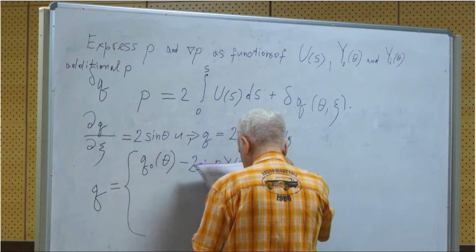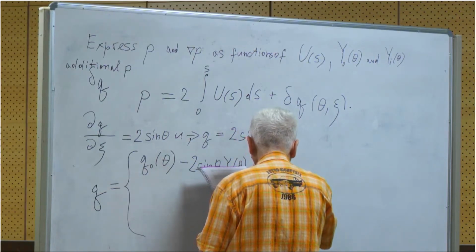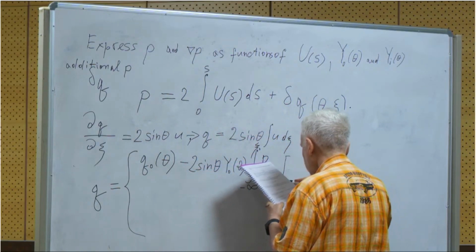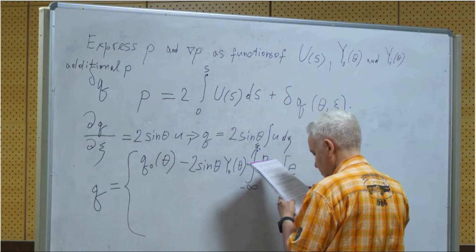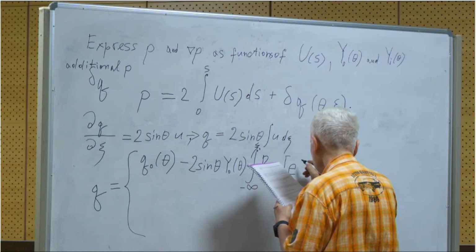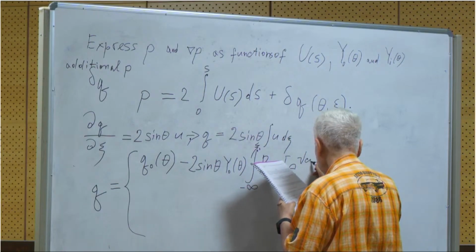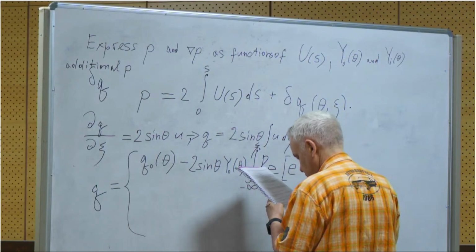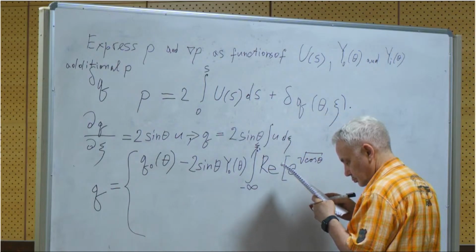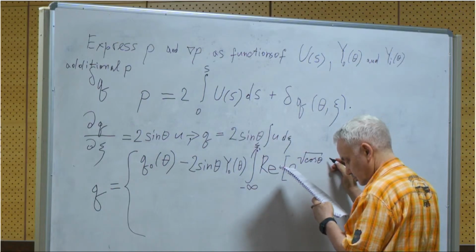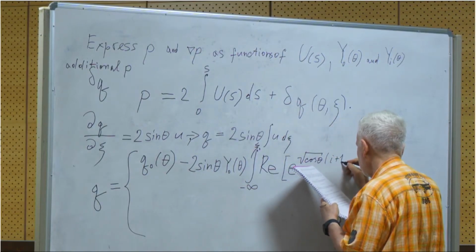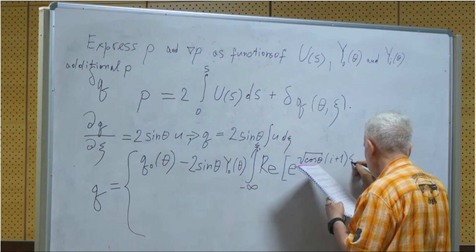And here we have the real part of this other part of the resulting exponent, square root of cosine theta, e plus 1, theta.